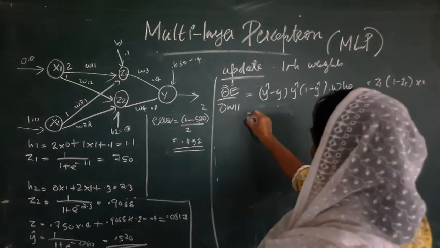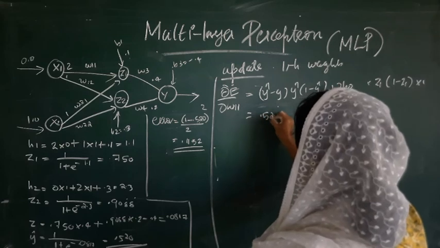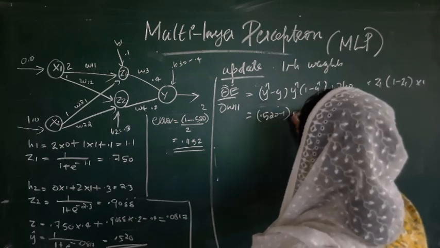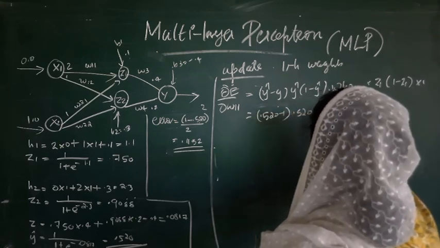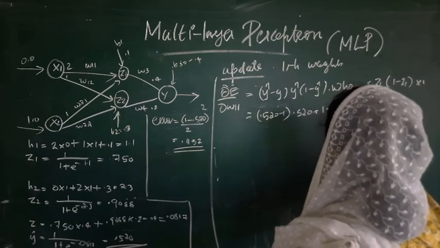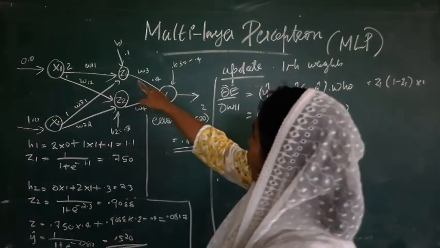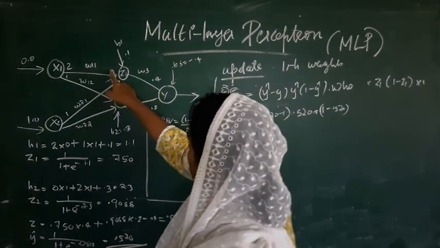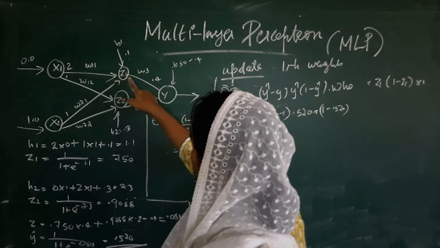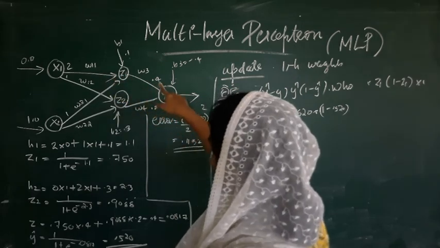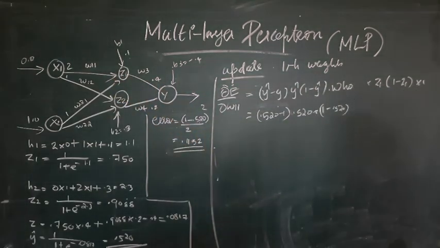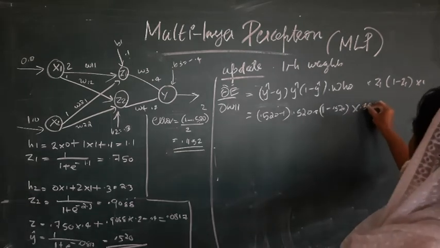Okay, so y cap minus y is 0.520 minus 1, y cap is 0.520, 1 minus y cap is 1 minus 0.520 and WHO, the hidden to output layer weight, which for W11 is W3. So the new value of W3 must be considered, which is 0.399.